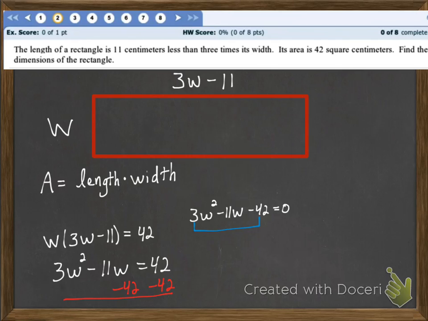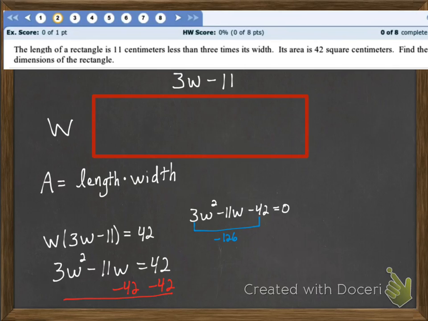So remember, when we are faced with that situation, we have to take the product of the squared term's coefficient and the number term so that we can factor it. So we do 3 times a negative 42, and that would be a negative 126.